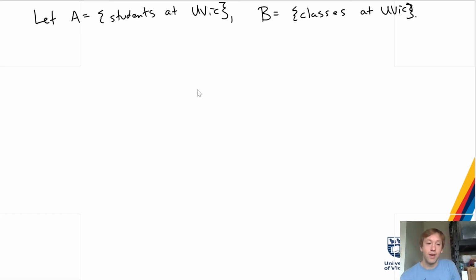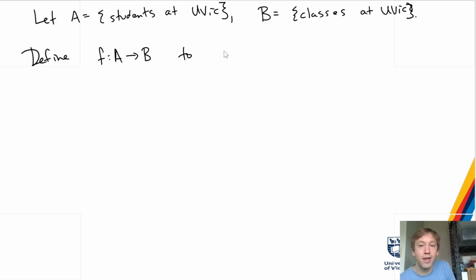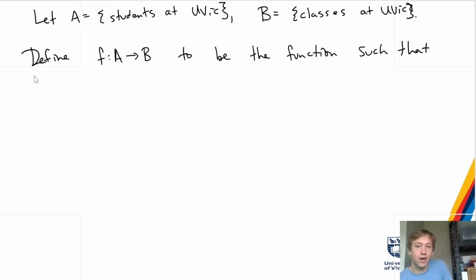Okay, and I can define f to be a function from A to B. So I'm going to define f from A to B to be the function such that for each x in A, f of x is equal to student x's favorite class.